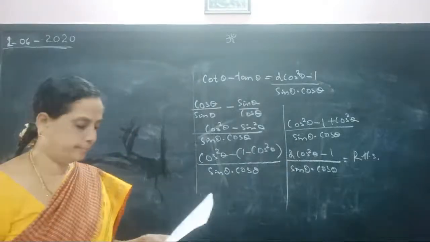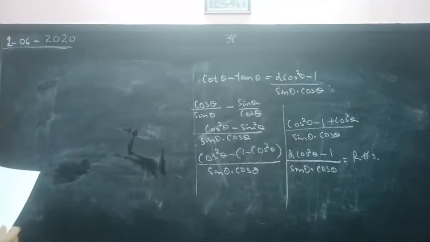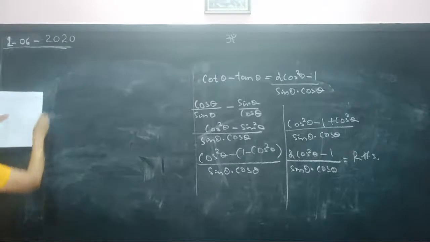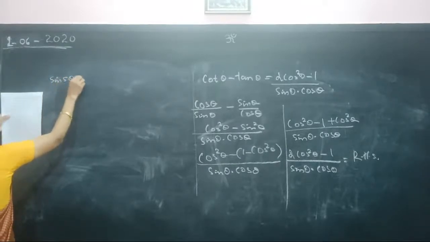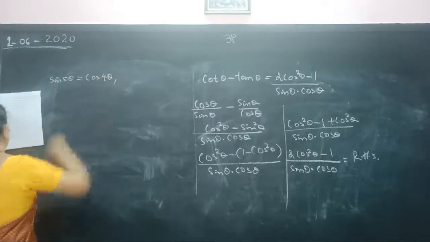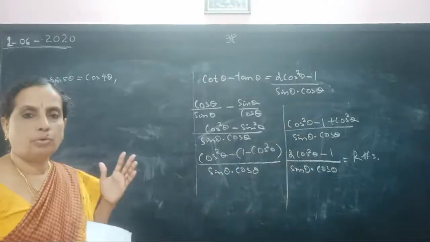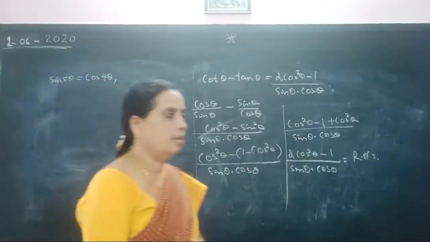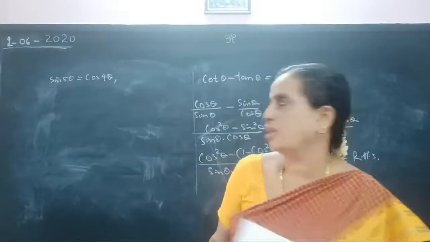Next question. If sin 5 theta equals cos 4 theta, find the value of theta. Immediately we can guess that we can apply the complementary relation.